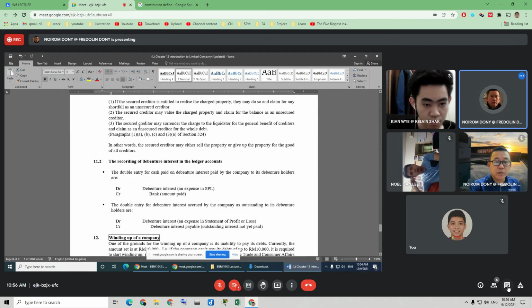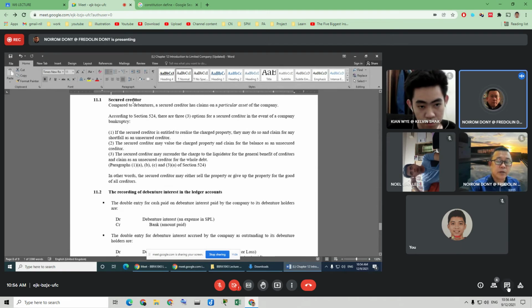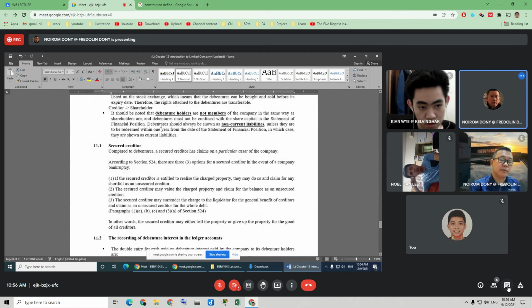They can give a loan, but the type of loan can be secured or unsecured. Secured means for the individual giving a loan to the business, the condition is they will give the loan, but the company must put something as collateral, like a pawn. That is a secured creditor.